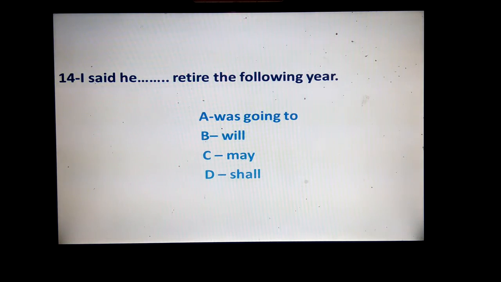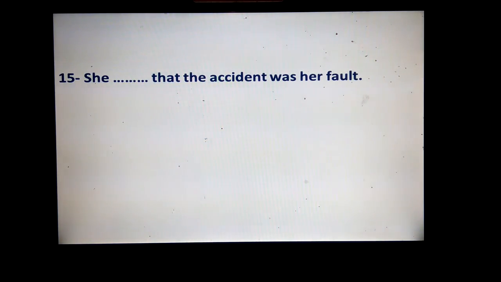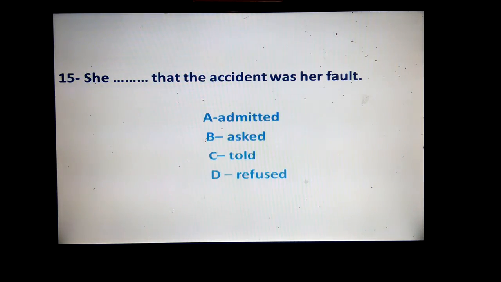I said he blank retired the following year. She blank that the accident was her fault. He blank him to take the exam again.